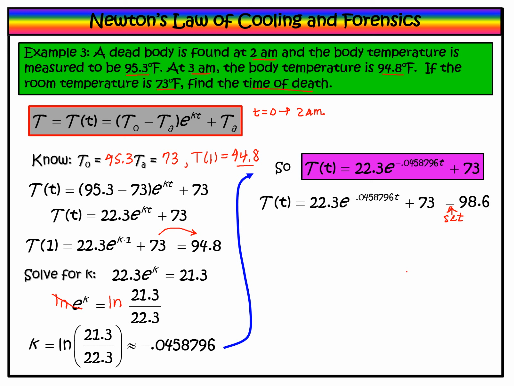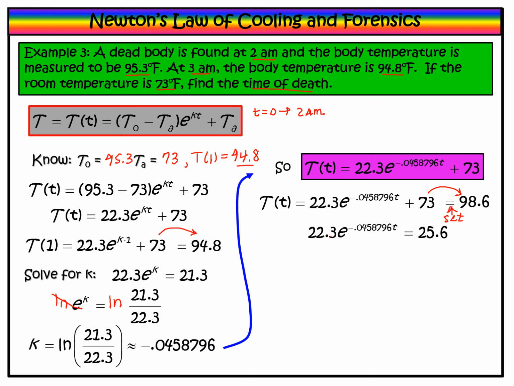So now we want to solve for little t. Well, this is just an exponential equation. Why don't you pause the video here for a second and solve this out and see if you get the same thing that I do. So bringing the 73 over on the right-hand side as a negative gives us 22.3 with the exponential equals 25.6.